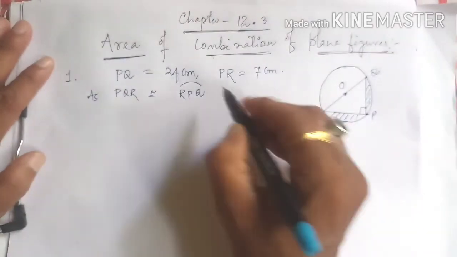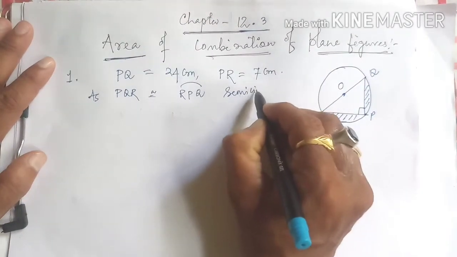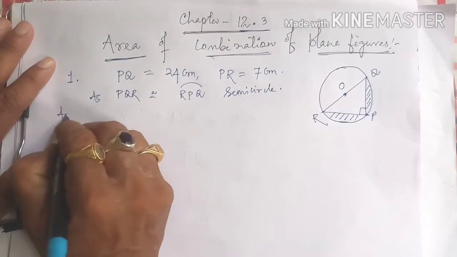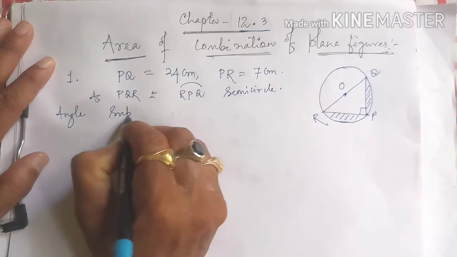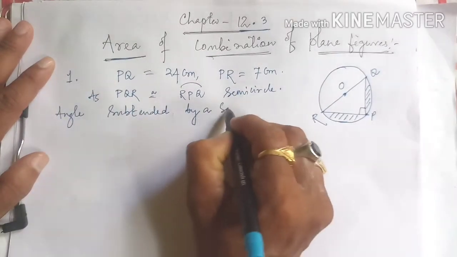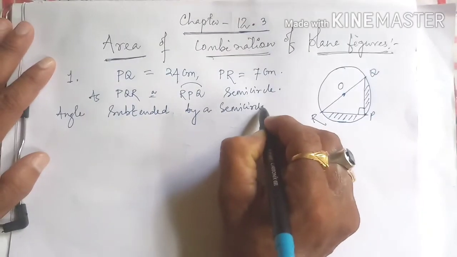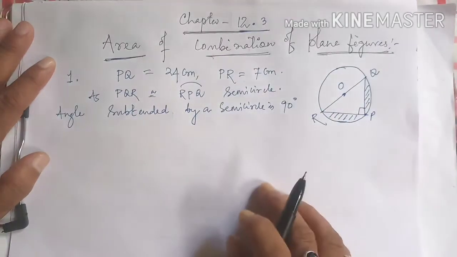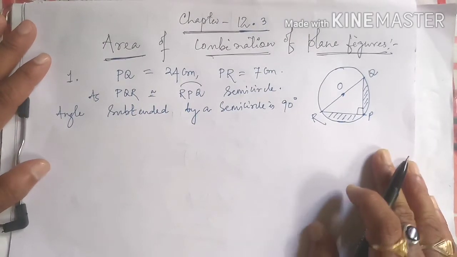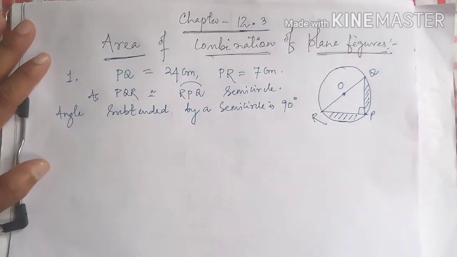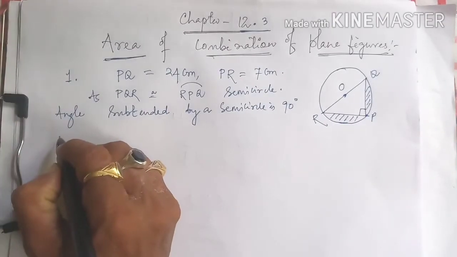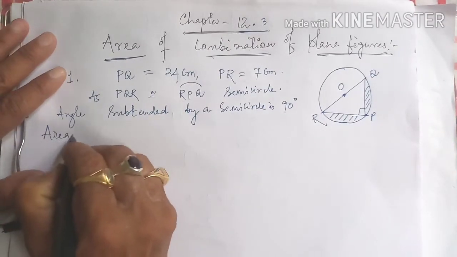This region RPQ is a semicircle, and as this is a semicircle, we know the angle subtended by a semicircle is 90 degree. For that reason, angle RPQ is 90 degree and triangle QPR is a right angle triangle. So our question is to find the area of the shaded region.